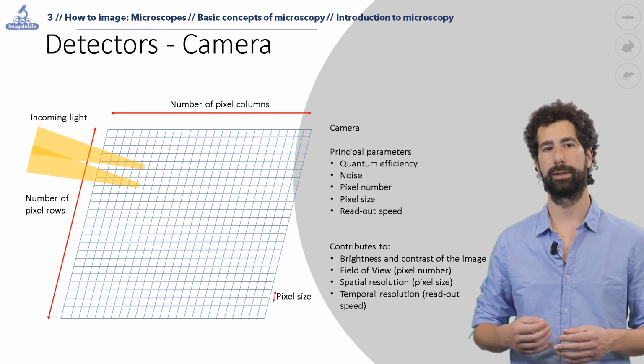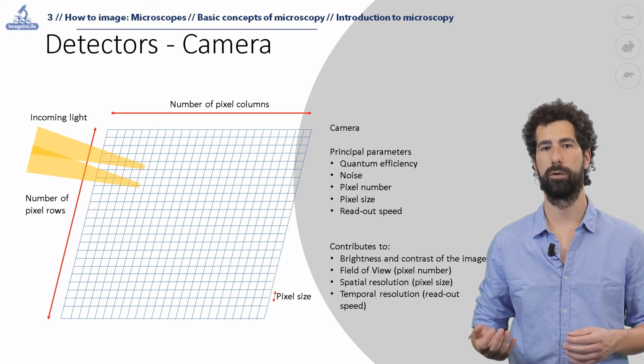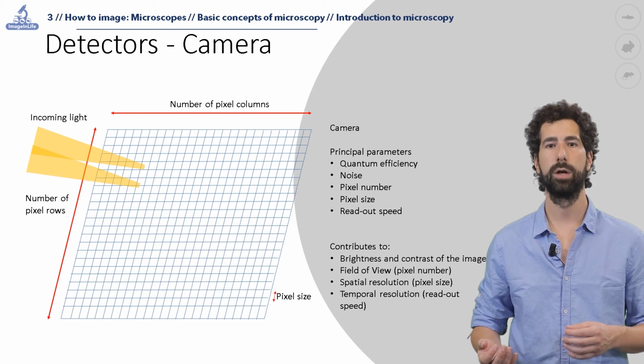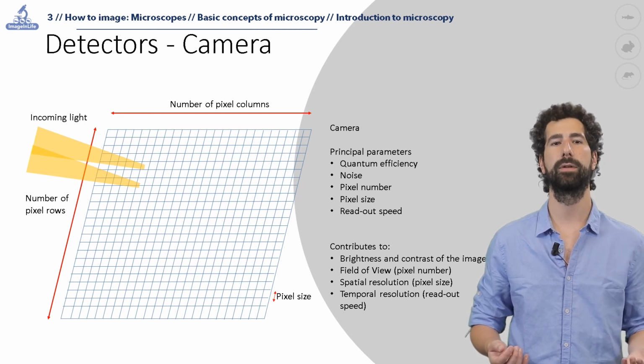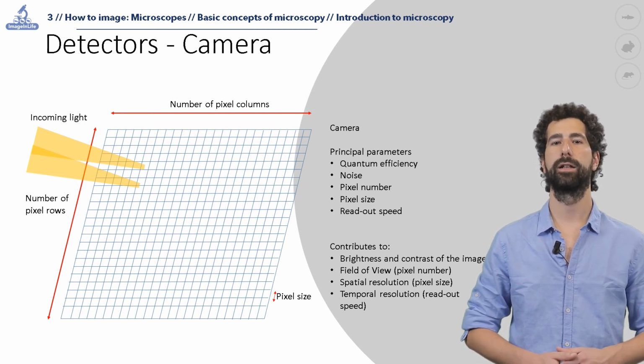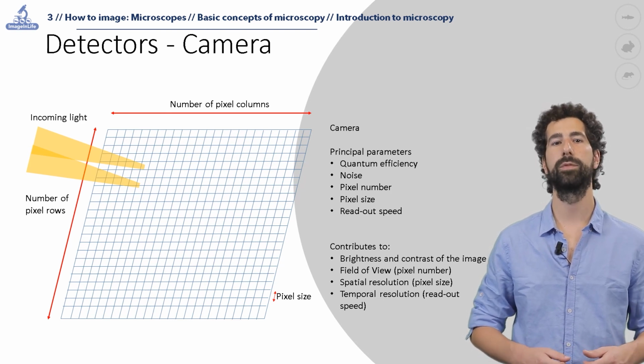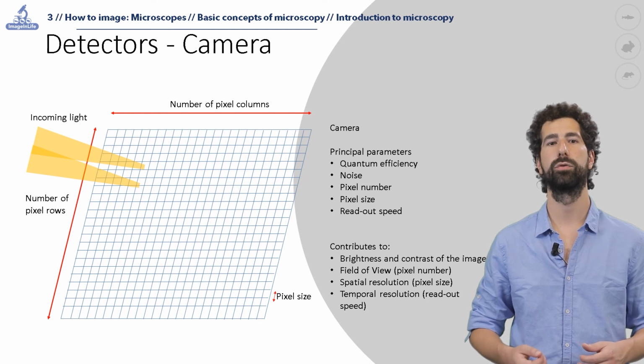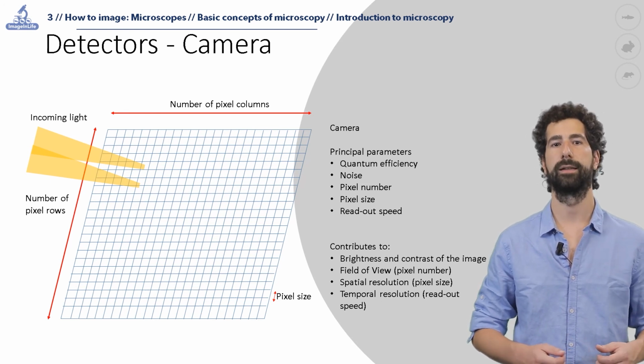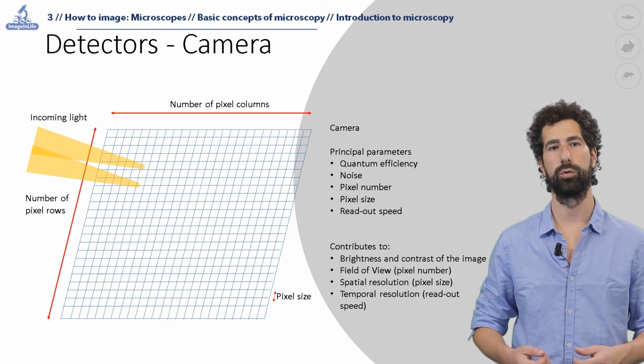Therefore, despite the fact that the objective could be able to collect photons from different sources, we may not be able to discriminate them in the final image. Another performance measure for cameras is the readout speed, or the minimum time interval between the capture of two consecutive images, which also contributes to the temporal resolution of the system.